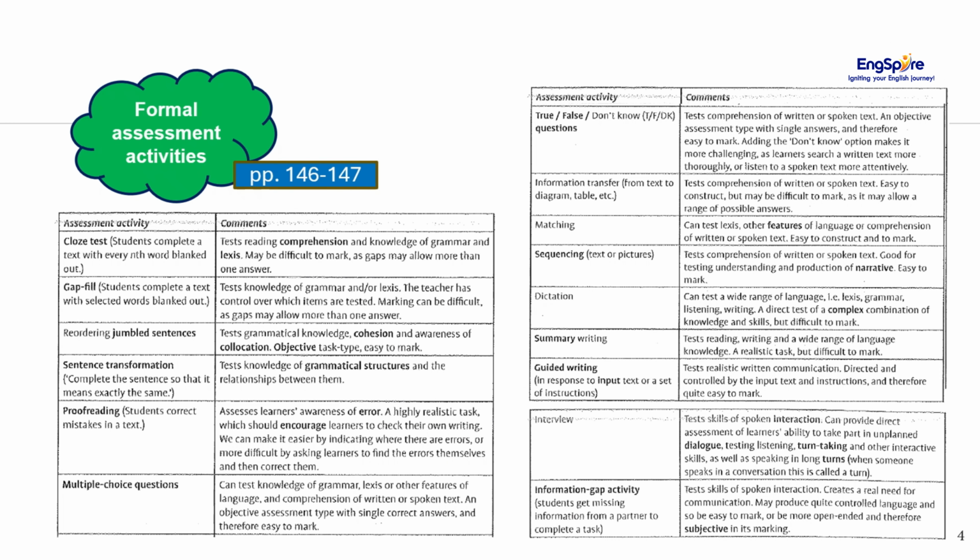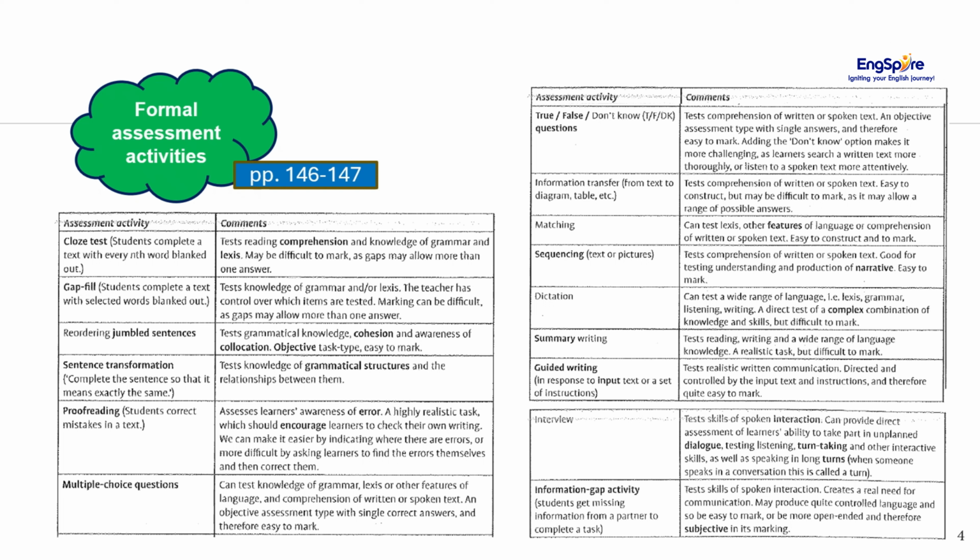This table shows different types of formal assessment activity that we can use to assess learner performance. I'm not going to explain each activity in detail because the table already provides a clear explanation.